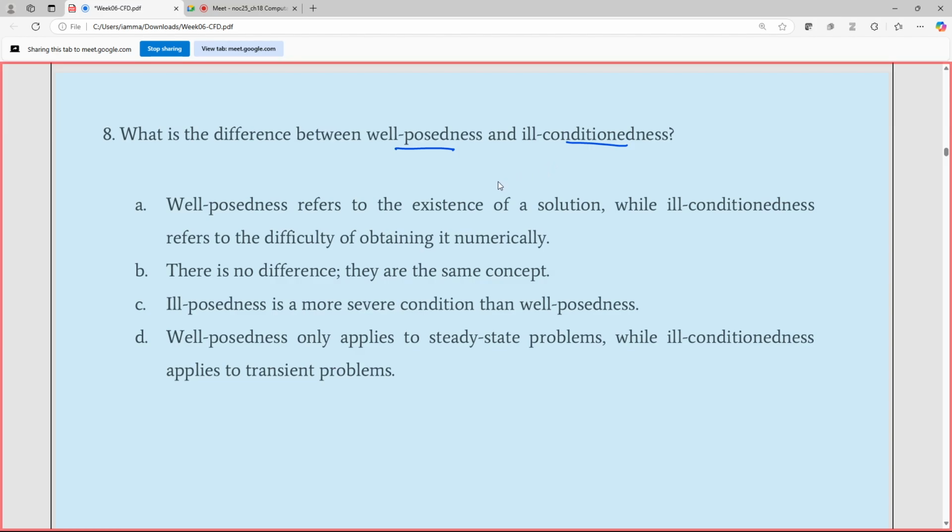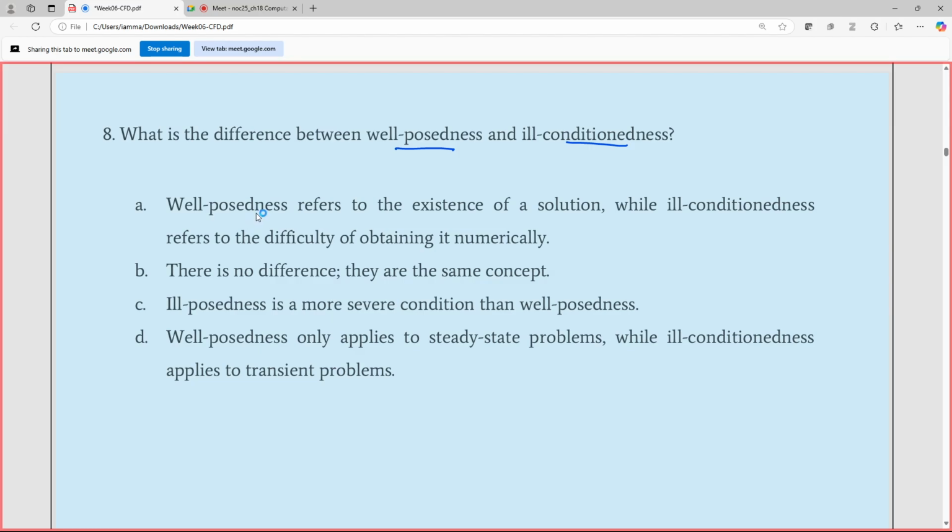Often these two terms are misunderstood or confused with each other. With your basic understanding, you can try to answer the question. What's the difference between well posedness and ill conditionedness in terms of CFD or numerical analysis?